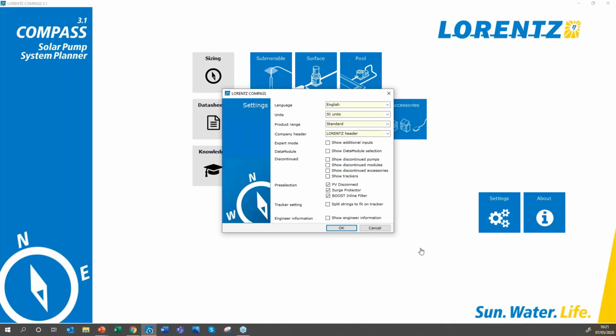So take a look at the units there. And the only other thing you can do, I would say is really important, is if you want to customize the header, so this is for the reports, which we'll show you later, you can customize the header here as well. And I'll come back to this. We'll come back to this later. So set your settings, get your language at least correct, and then you're good to go.